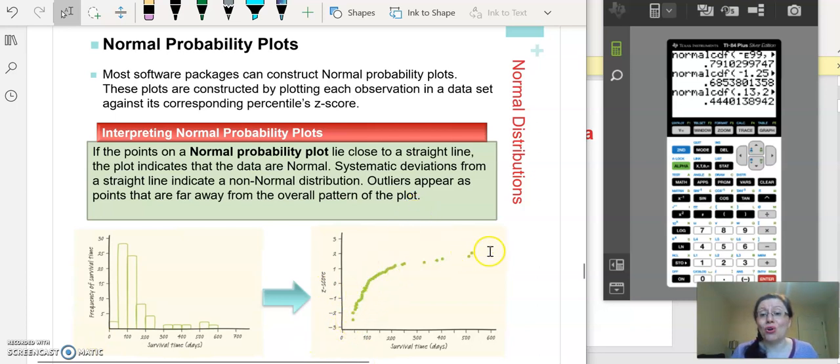This line curves. It's not really a line, right? Because the data, when you look at the histogram, you could already tell it's not going to be approximately normal because while it is single peaked, it's not symmetric. It's definitely skewed to the right. It's a right skewed histogram, right? So that's why you see this right here telling you this data is not approximately normally distributed. If it was, it would follow in a somewhat straight line or very close to a straight line.